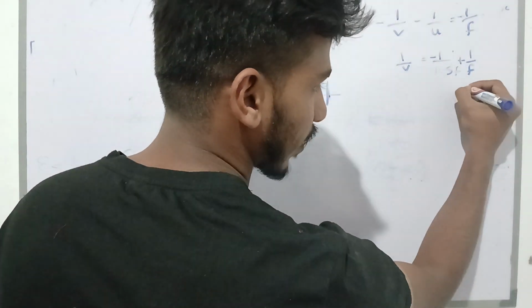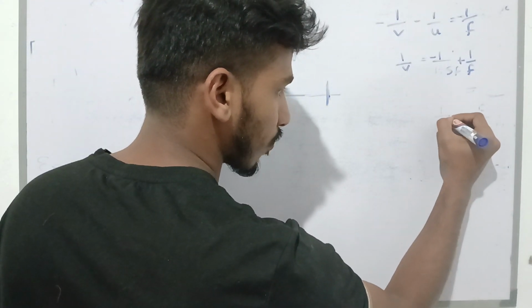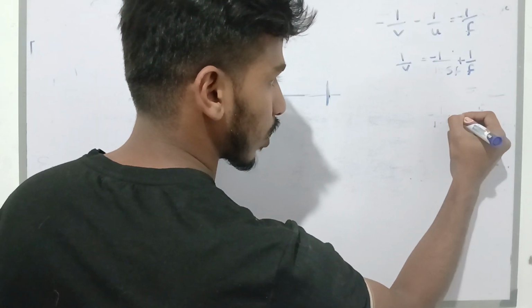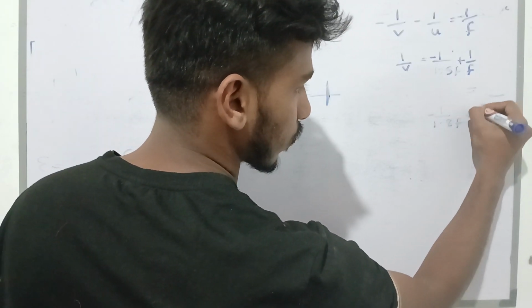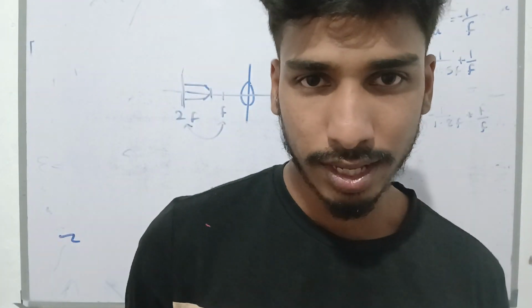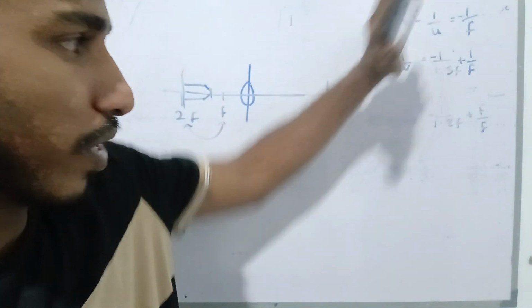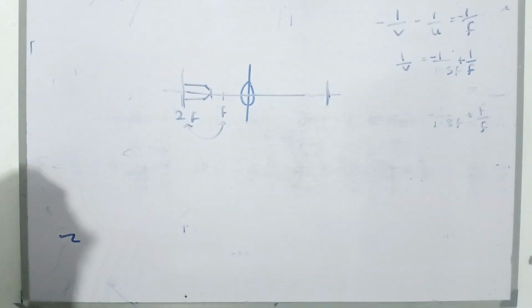Just take time and simplify it, and try also for 1.8f. Just check the values for both of these so that you can get an idea why it is happening. From our equation only, the things are starting to change.